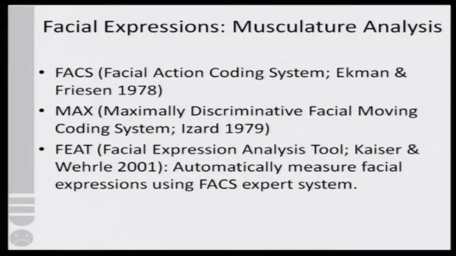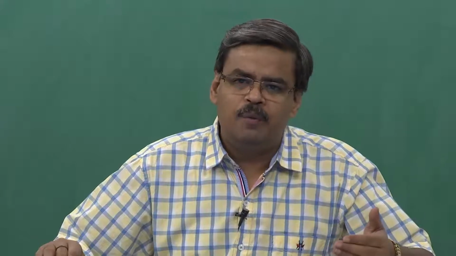The second is the MAX, the Maximally Discriminative Facial Movement Coding System by Izard, and then the FIAT, Facial Expression Analysis Tool. Another one or two more systems have come into being, and people are trying their best, from computer generated analysis, software assisted analysis, to pure behavioral measures, to physiological measures, changes in the ANS activities, to understand emotion.